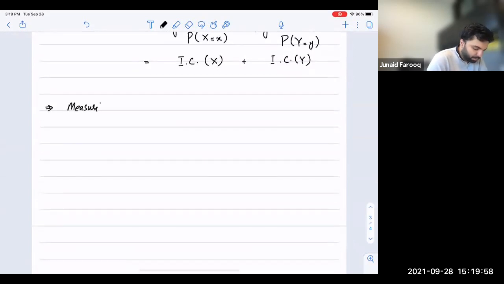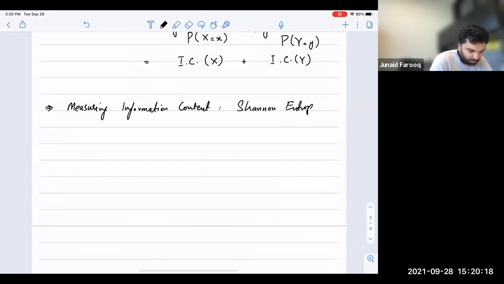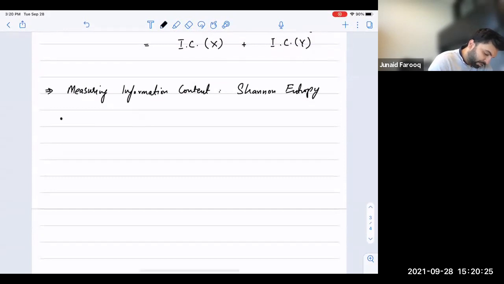So they call it the Shannon entropy in honor of Claude Shannon. Right, so this log of the inverse probability is actually also called the entropy. Right, so this term entropy is actually borrowed from thermodynamics.